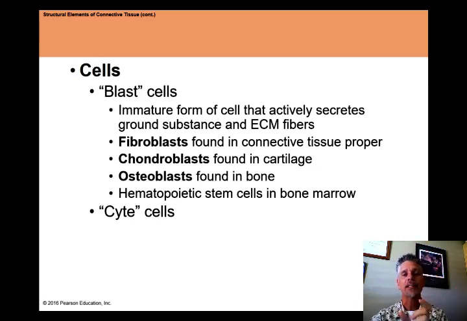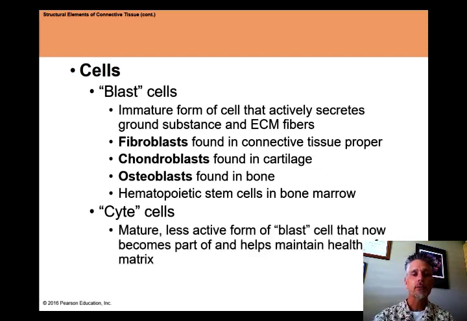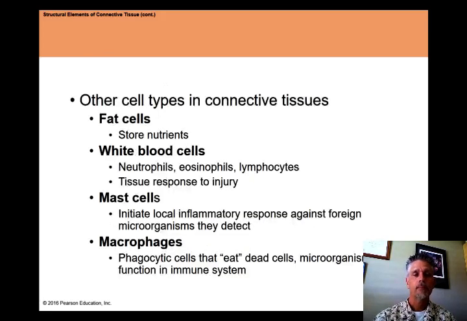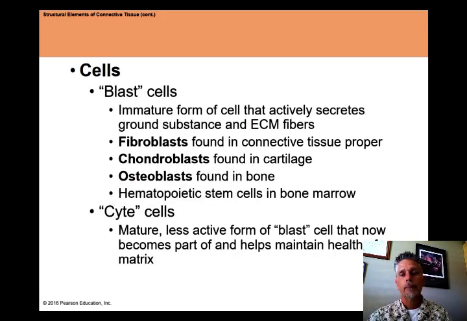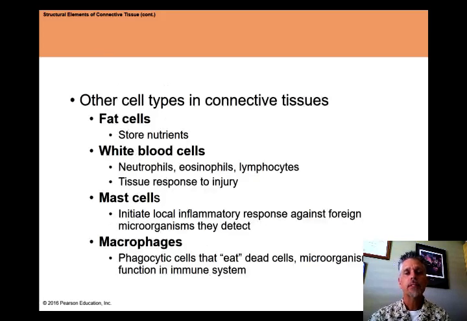These are going to be the cytes. These are the mature cells that now become part of the tissue, and while they may maintain the extracellular matrix, they're not actively making it like the blast cells. So osteocytes, chondrocytes, etc.